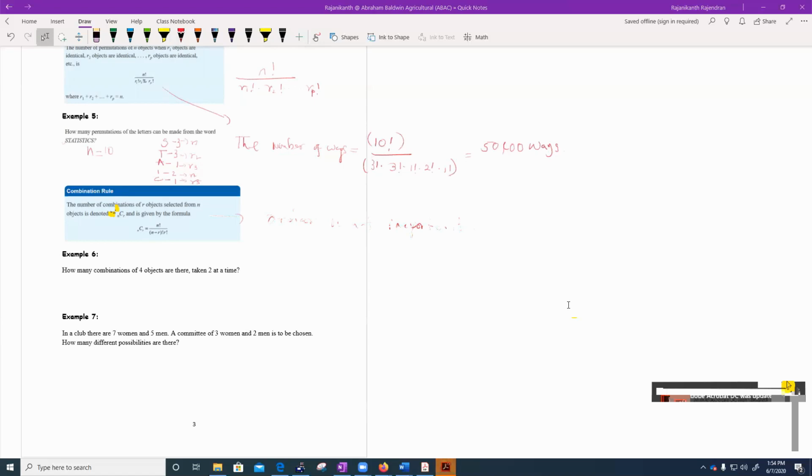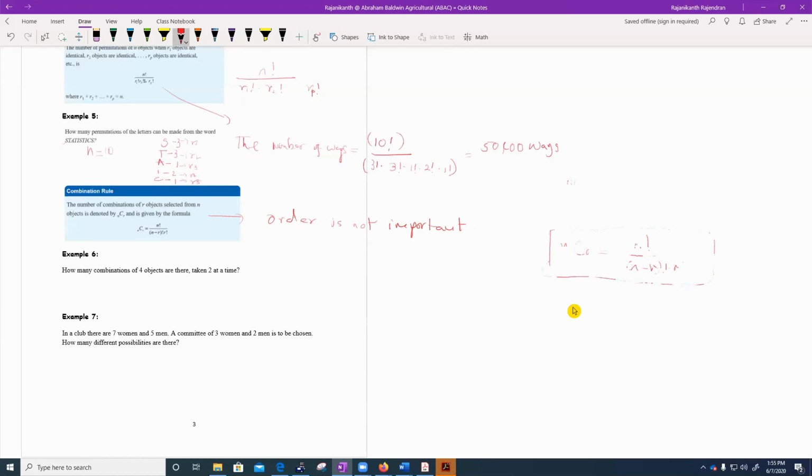If order is not important, in how many different ways could you choose R objects from given N objects, which is simply called NCR, or you could read it as N choose R. So NCR is simply N factorial over N minus R factorial times R factorial. Okay, so this is the formula for NCR.